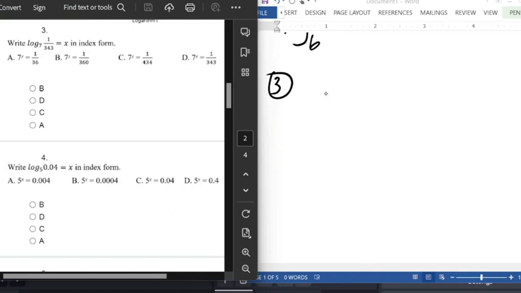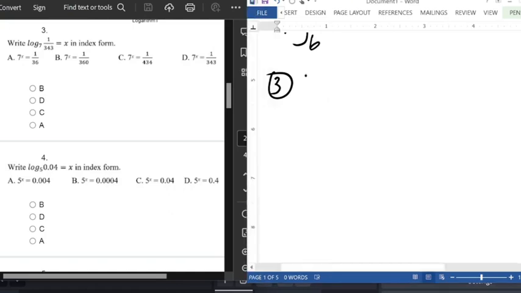We have log 1 all over 343 base 7 equals X. Now, the base will always be the one that carries the power, which is the answer when it gets to log.